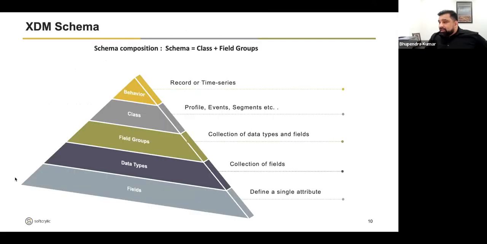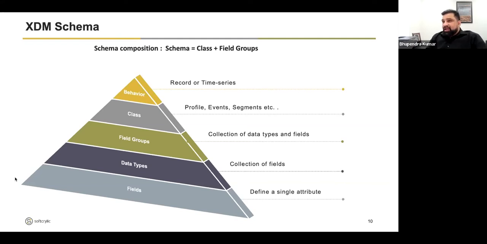Cool. So the XDM schema: when we compose the XDM schema, it's a class and field groups. The diagram that we created shows the field as a granular entity, defining a single attribute.